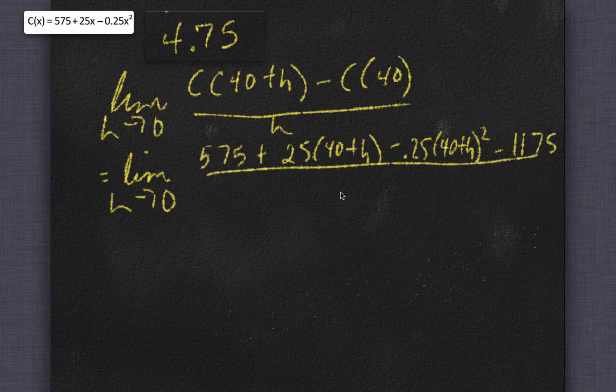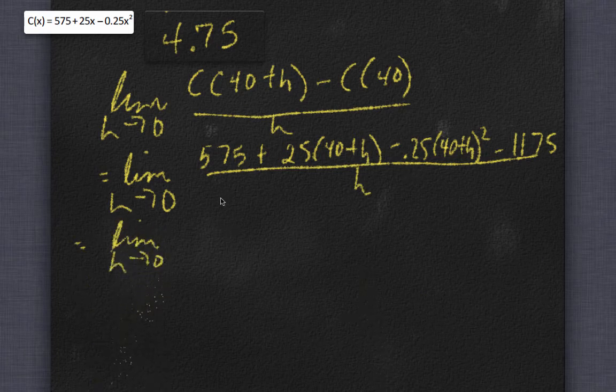Save some time because we already did that. It doesn't actually necessarily save time, but it saves space. So 575 plus 25 times 40 is 1,000.